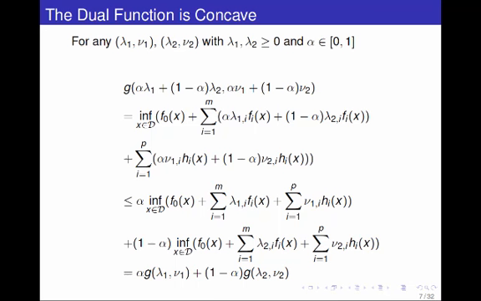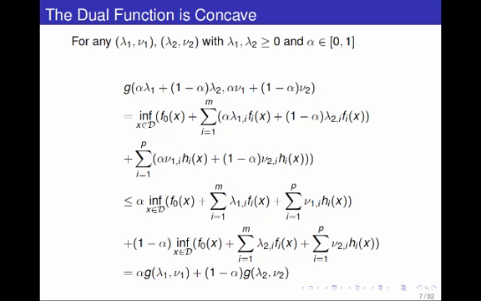Sorry, I got confused. The 1 comma is a subscript of lambda. I indexes the ith inequality, and lambda 1 just indexes the first point. So this equality follows just by the definition of the dual function.